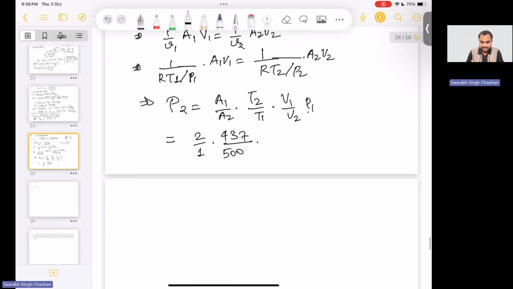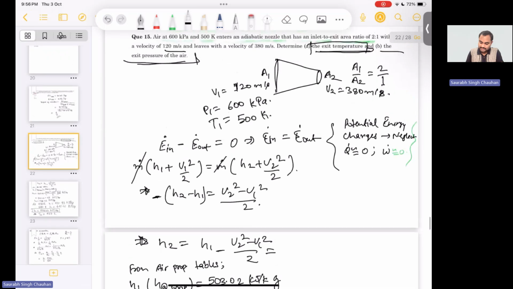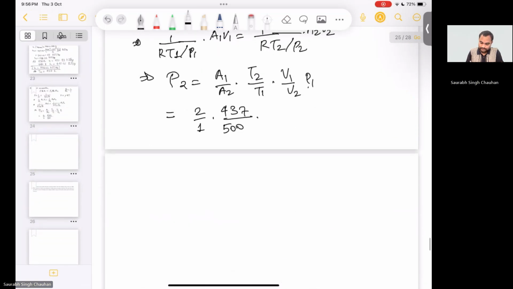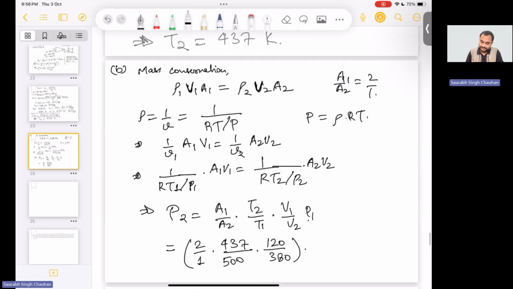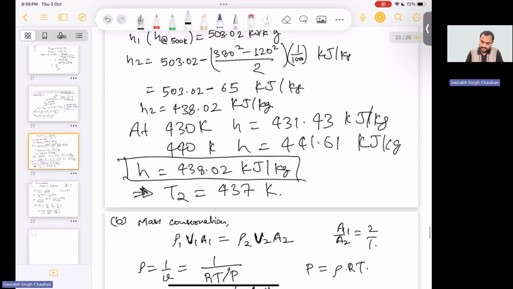I'm not writing the units because anyway they will cancel out. Velocities also we have: velocity at inlet 120 and at outlet 380. And pressure at inlet was 600 kilopascal.